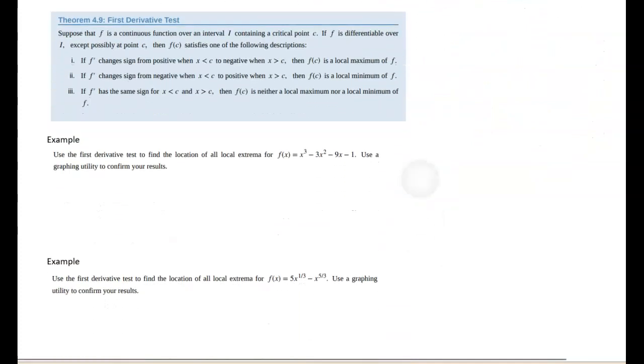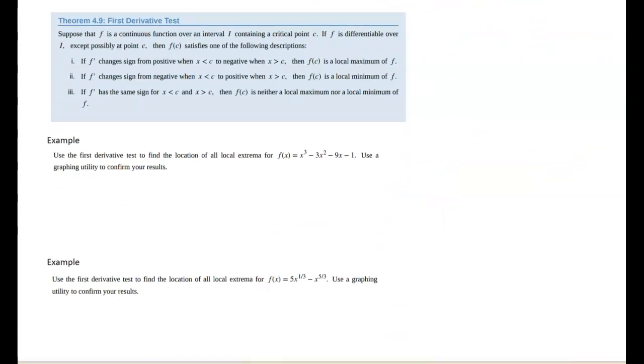So the first derivative test says that if f prime changes from positive to negative, then you must have a local maximum. That goes right along with what I just drew in that diagram, and that's what we'll practice today. If f prime changes from negative to positive, we have a local minimum. If there's the same sign, then f of c is neither a maximum nor a minimum.